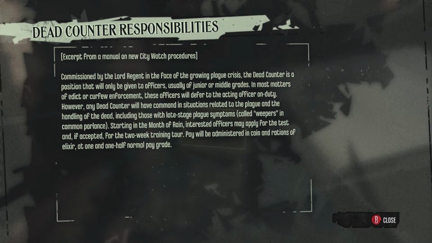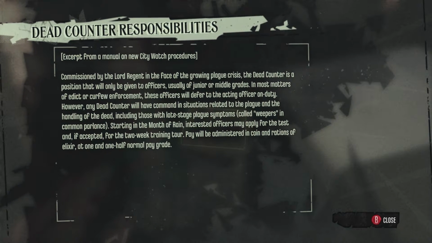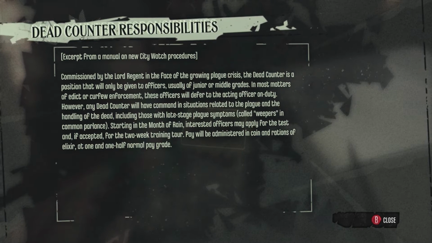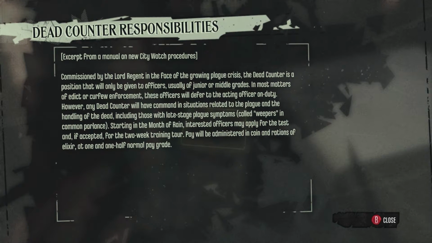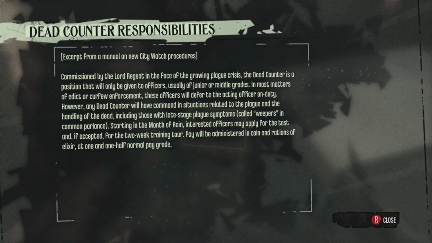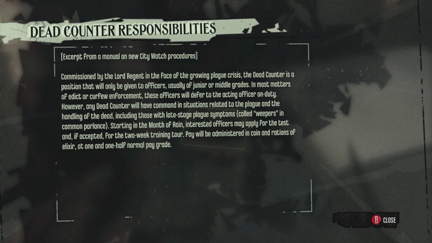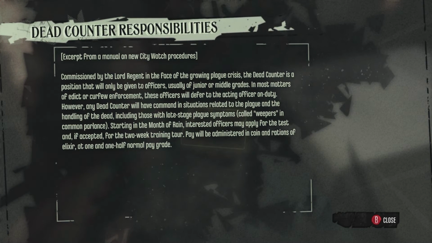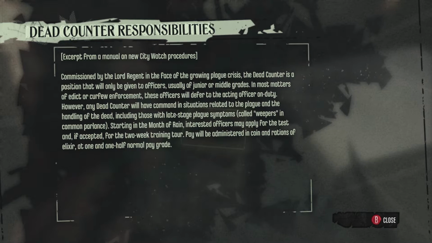However, any dead counter will have command in situations related to the plague and the handling of the dead, including those with late-stage plague symptoms, called weepers in common parlance, which means like lingo or jargon. Starting in the month of rain, interested officers may apply for the test, and if accepted, for the 2-week training tour. Pay will be administered in coin and rations of elixir at 1.5 normal pay grade.